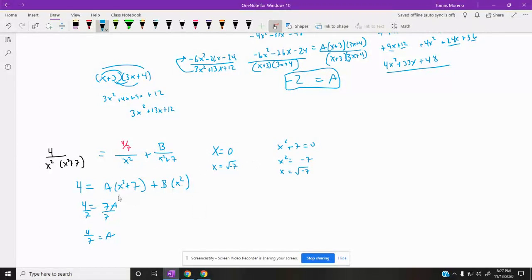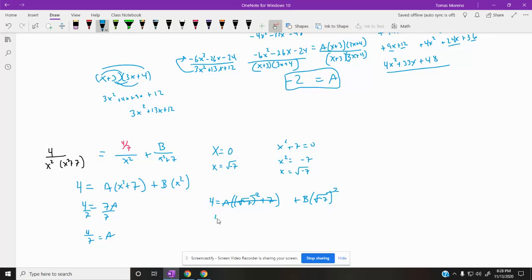So let's do the square root of negative 7. Then we have 4 equals a times the square root of negative 7 squared plus 7, plus b times the square root of negative 7. The square roots cancel, so that leaves us negative 7 plus 7, which becomes 0 right here.